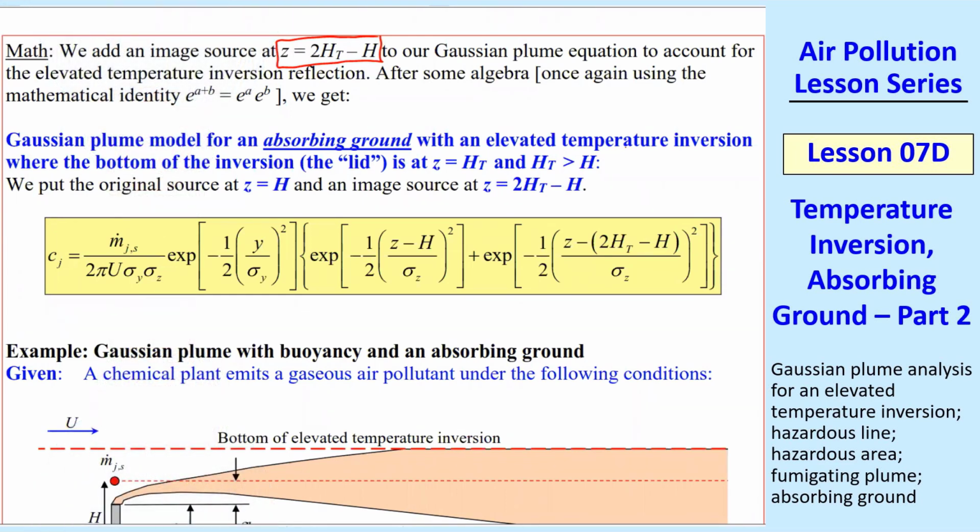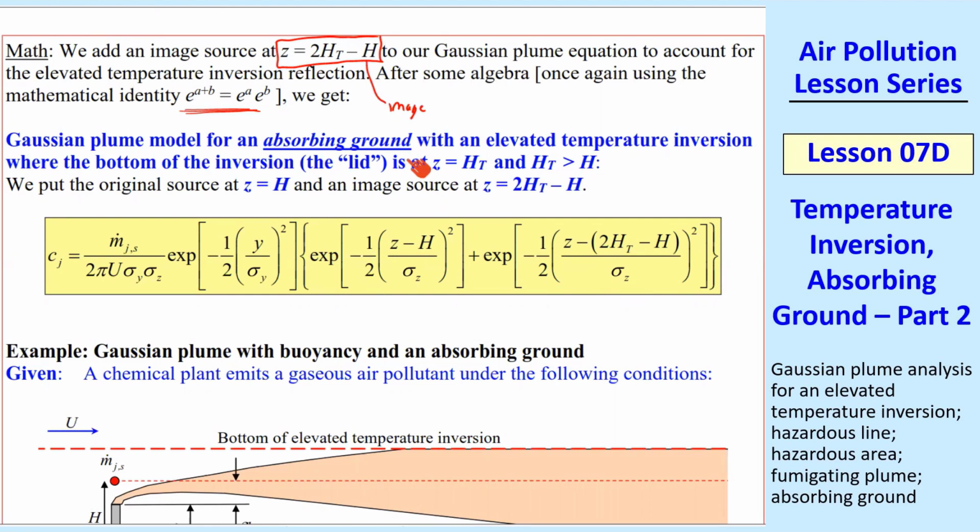Problems are getting more complicated in a sense, but in another sense, they're getting easier because we've seen this over and over again. We're going to use this mathematical identity again, and we're adding just an image source at 2HT minus H. And if you remember, when we did an image source for the reflecting ground, all we did was take this term Z minus H squared within the exponent and add another one with Z plus capital H. So we had a Z minus H term and a Z plus H term because that was a reflection directly off the ground.